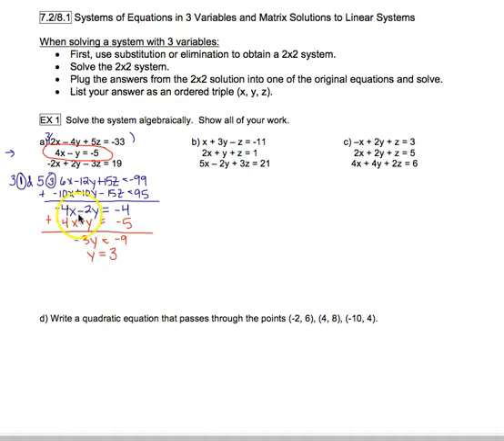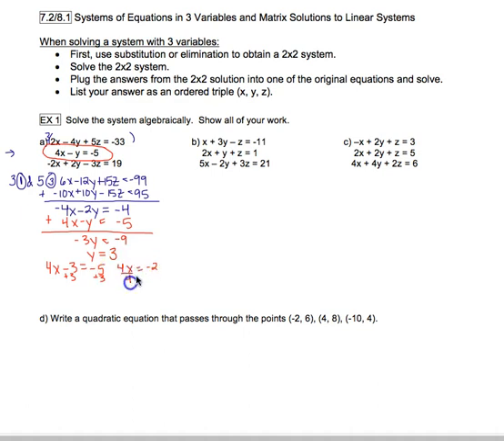I can choose either of these two equations to plug that y into. I'm going to choose this one since it's a plain y instead of a 2y. So I know that 4x minus 3 equals negative 5. Solving for x means I'm going to add the 3 to both sides first. That gives me 4x equals negative 2.